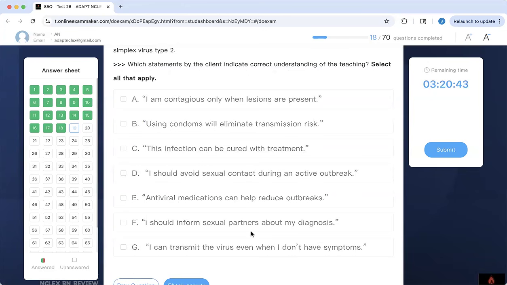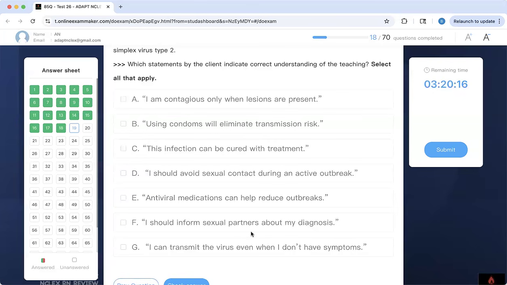I should avoid sexual contact during an outbreak, and antiviral medication can help reduce outbreaks. I should inform sexual partners about my diagnosis. I can transmit the virus even when I don't have symptoms. What do you think? Pick your answer, let me know.